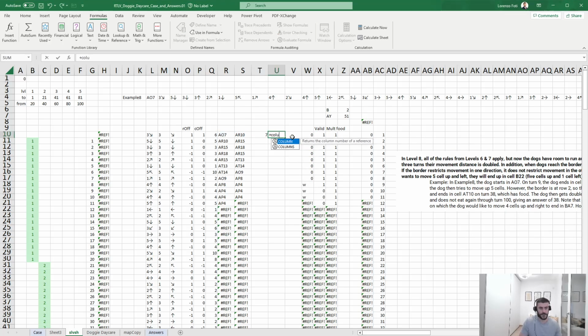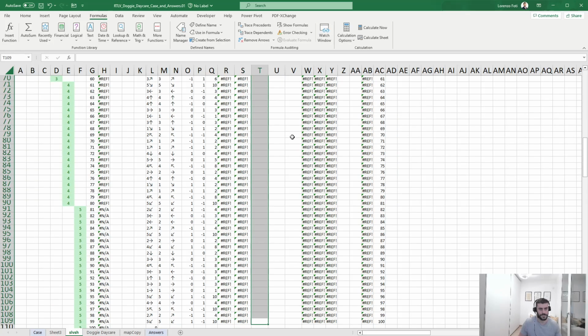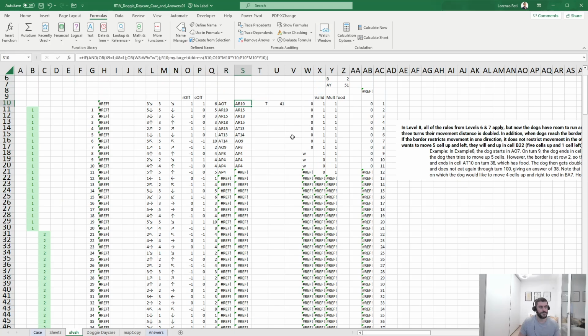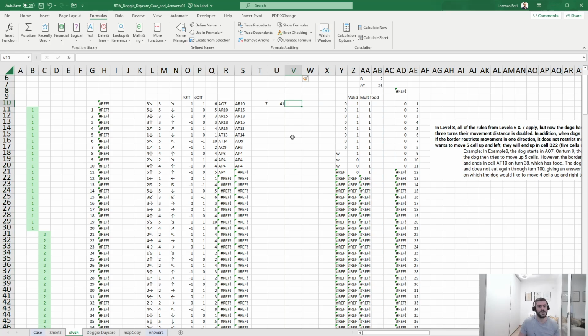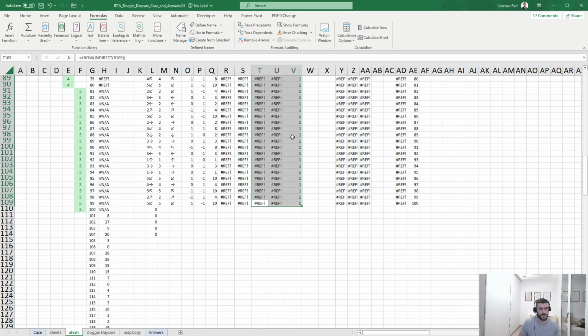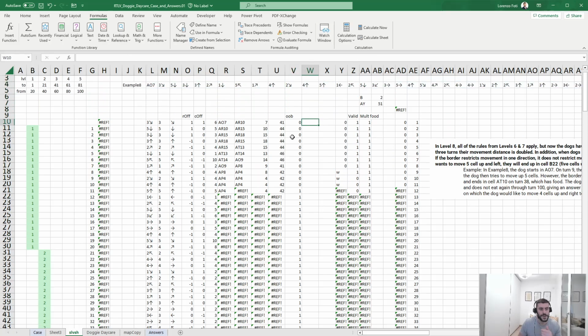I will take the column of indirect of this. And then I will say if is error this, it means out of bound, otherwise zero. So out of bound. Fantastic. If I go out of bound, I will move until the limit is reached.